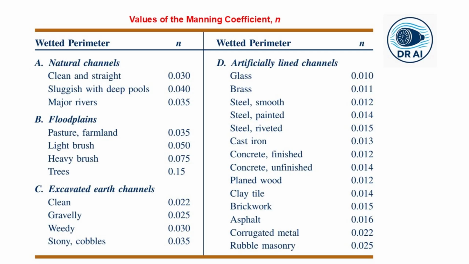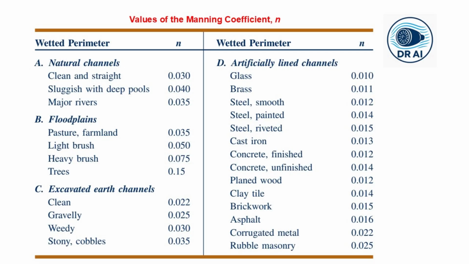Then look at the man-made or artificially lined channels. Glass is incredibly smooth and has a value of 0.01. Finished concrete has the value of 0.012. Unfinished concrete has 0.014, whereas rubble masonry has the value of 0.025. So we conclude that the rougher the surface, the higher the value of Manning's coefficient n.